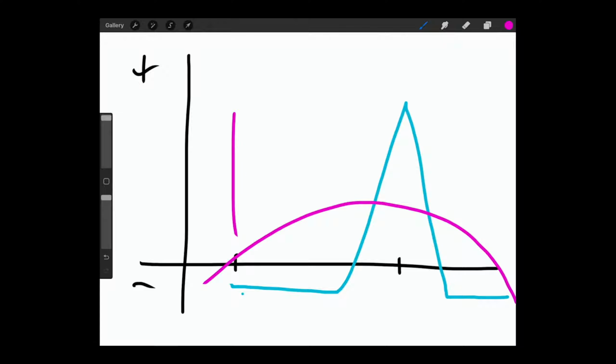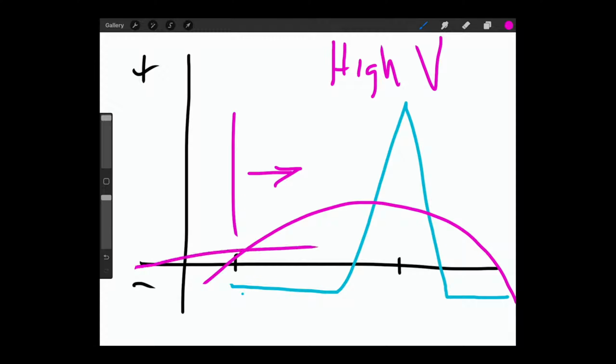So as you move this way, earlier in the day, you have like a head start at what's going on. So this is a high volatility environment. Whereas in a low volatility environment, it might look like this. So this has all kinds of implications about the width of the fly that you use, how far out of the money that you are, etc.